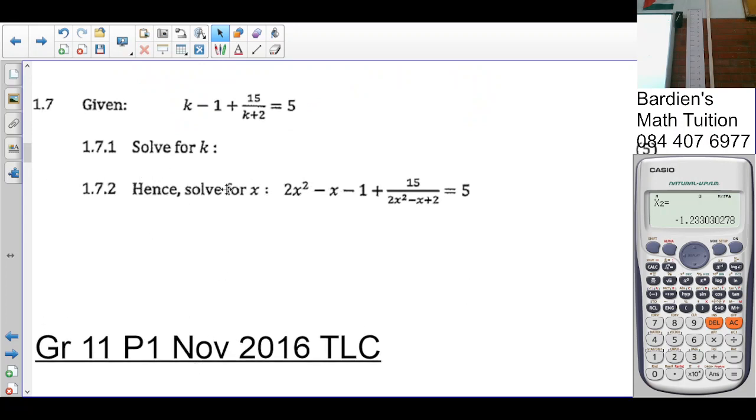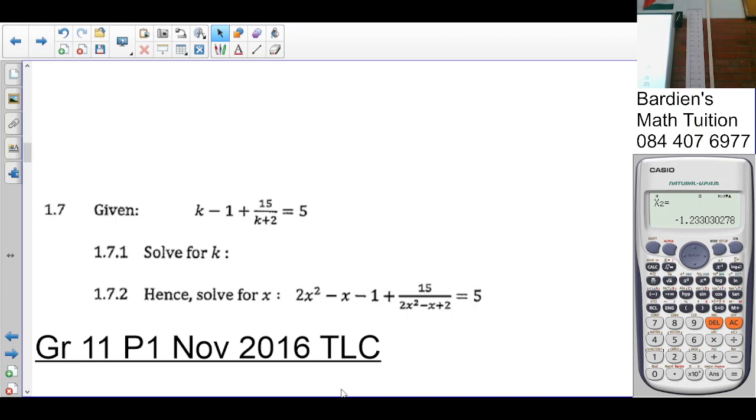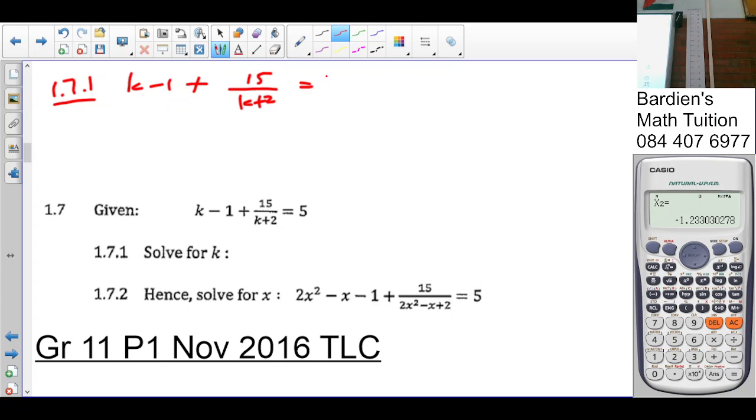Okay, so here we are told to solve for k. 1.7.1, we've got (k minus 1) plus 15 over (k plus 2) equals 5. What's my LCM here? LCM k plus 2.